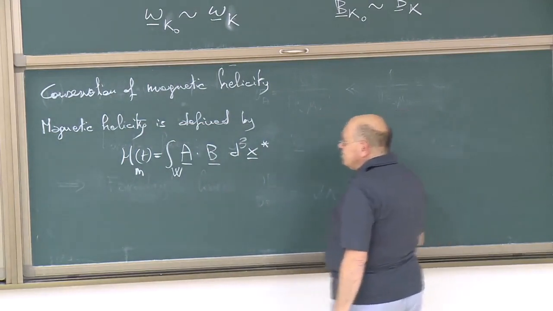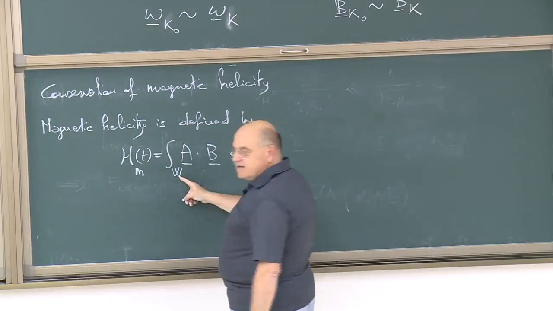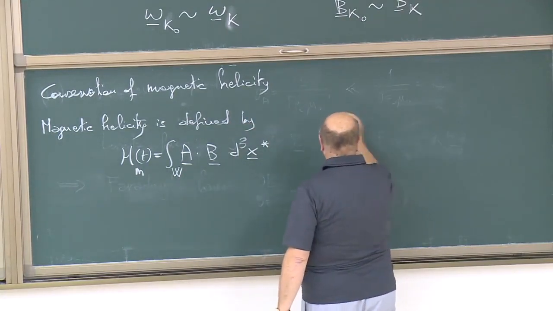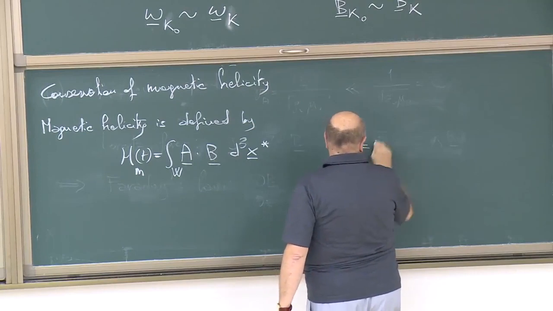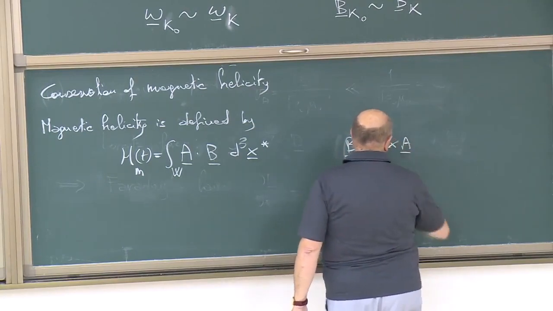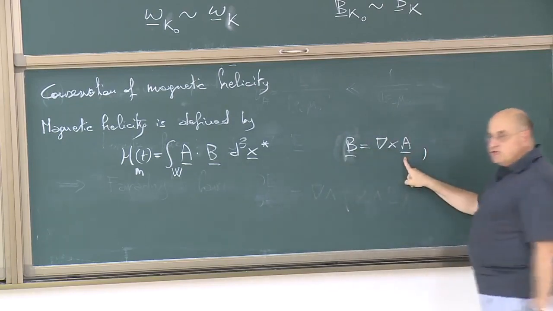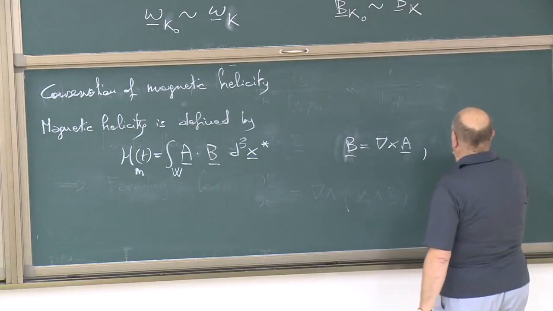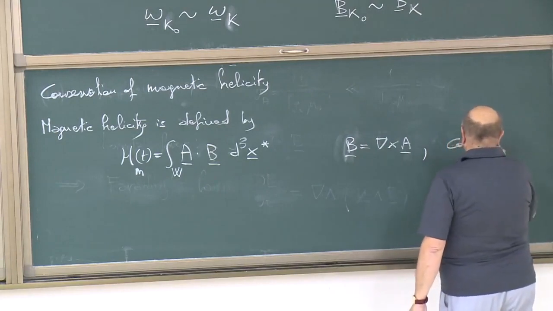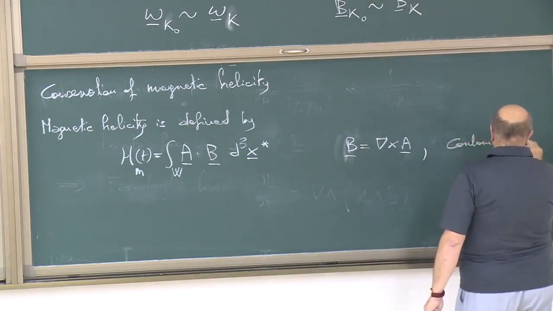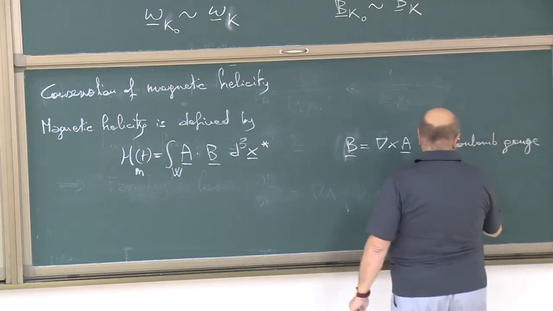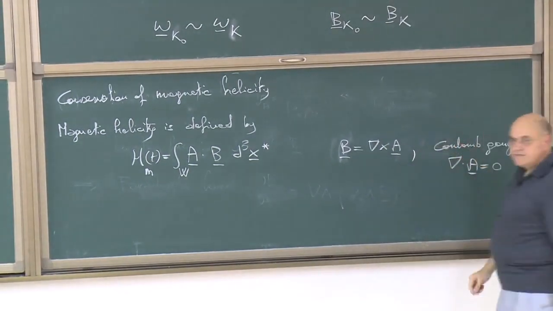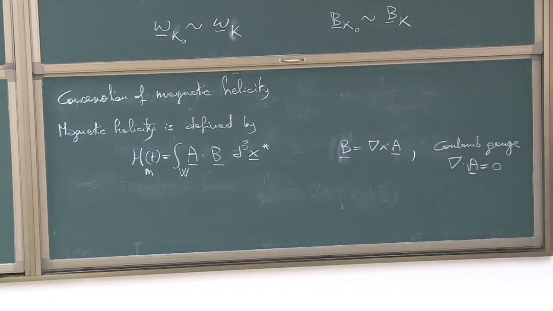And with this W, it's better to say a few things. First of all, B is defined in terms of A, and I choose a gauge for A: I choose the Coulomb gauge, so that div A is equal to 0. So I fix the gauge in that fashion.